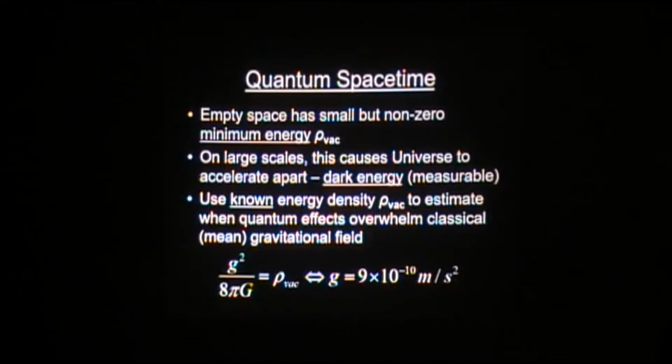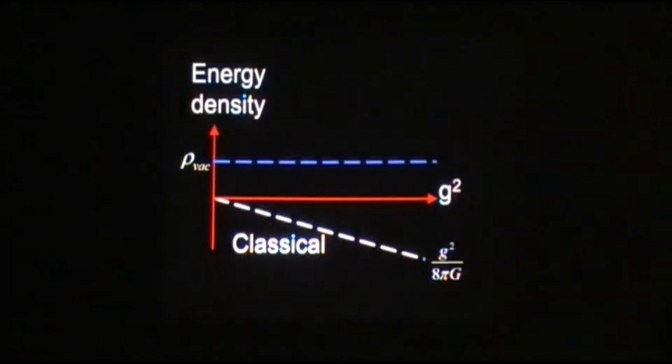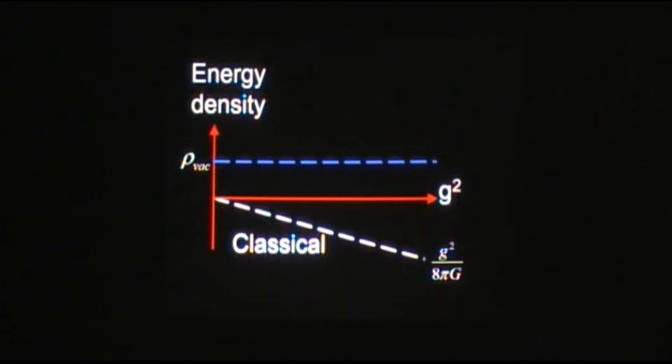So what you want to think about is that the energy density is supposed to scale with the square of the gravitational field. Classically, the result is like this, but we know that if there wasn't actually any gravity, there should still be some vacuum energy. So maybe the total is kind of like this, but we don't really know exactly how they add.